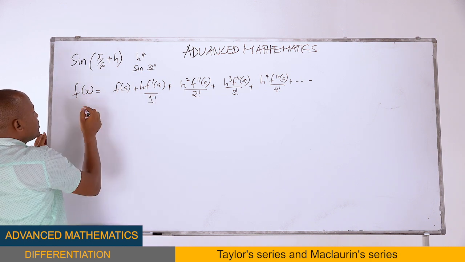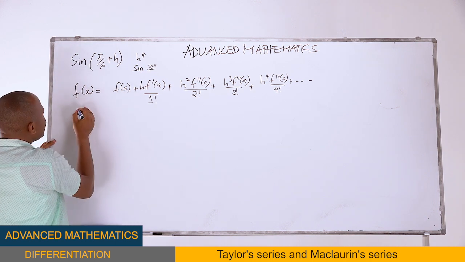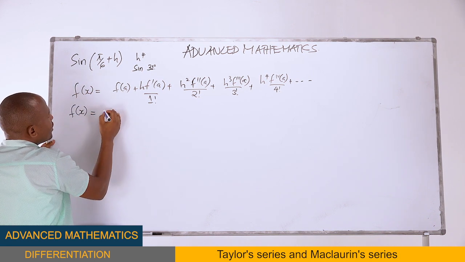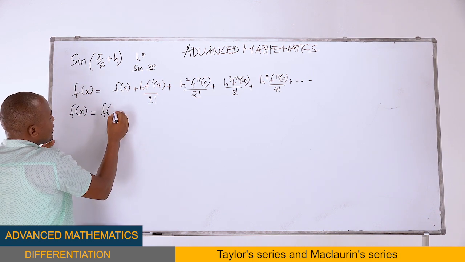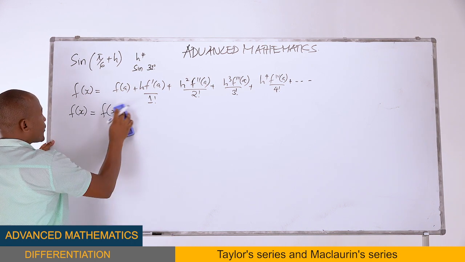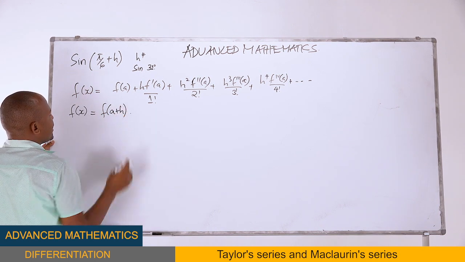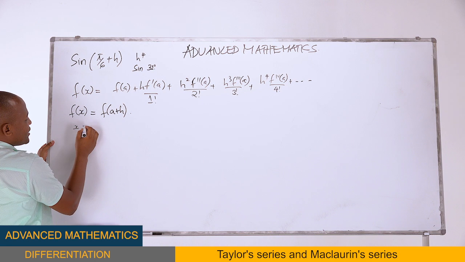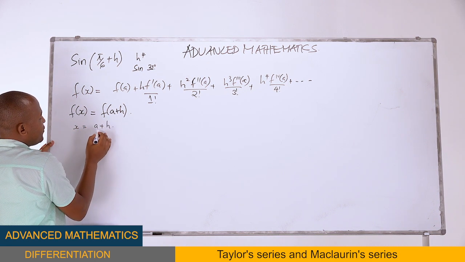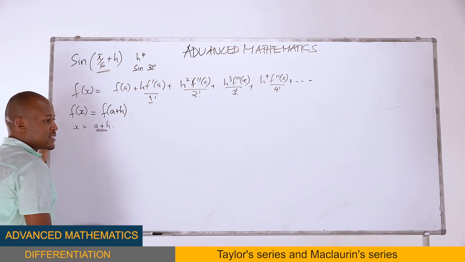Now remember, as I was explaining how we expand, we said that this is equal to f of x, which is f of a plus h. That means our x is equal to a plus h.